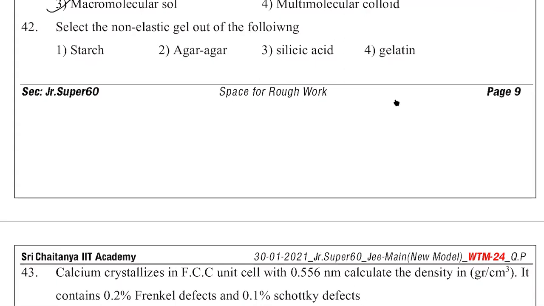Next, select the non-elastic gel out of the following. 42. If you see, all of these, starch, agar agar and gelatin, would have some jelly feeling, except silicic acid. Silicic acid has silicon with OH, OH, OH, and OH.